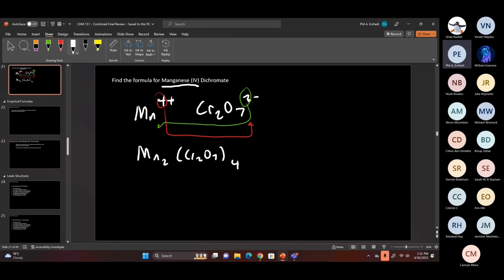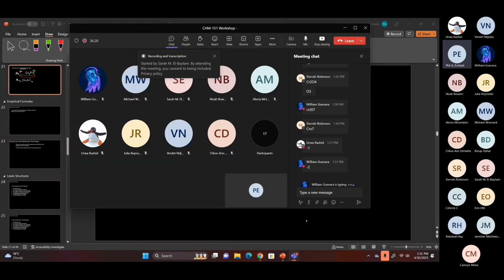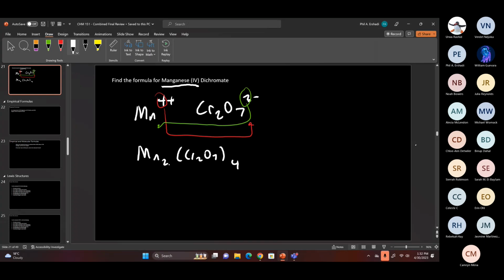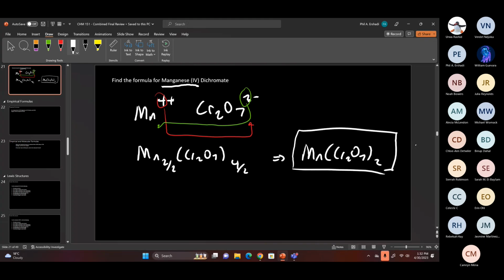Because I've got to do one more thing with this one. What do I do if I have a 2 here and a 4 here? What's my move? Simplify down, that's right. Divide both of them by 2, and my new formula is Mn(Cr2O7)2.